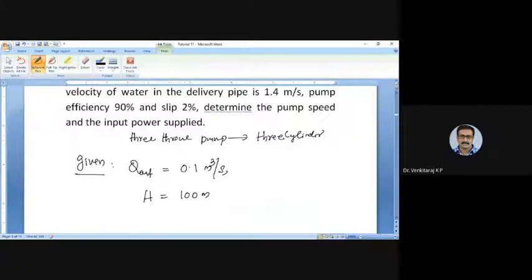Then diameter and stroke length values are given. The stroke length L is 500 millimeter, and the diameter of the cylinder is 250 millimeter.